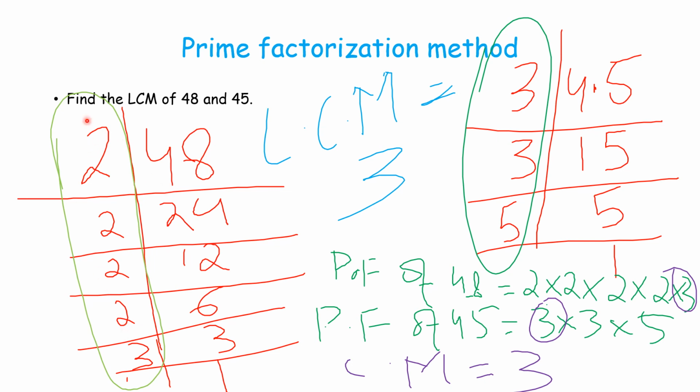Then we write the prime factors of the given numbers using the multiply sign. Then we identify the common factors, and then we look for the least one. In this example there was only one common factor, but if there is more than one common factor, then we look for the least one.